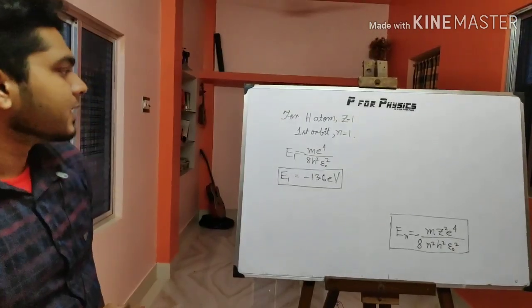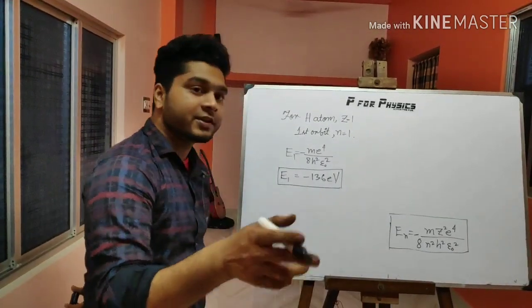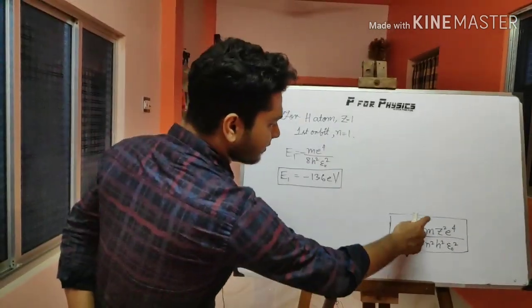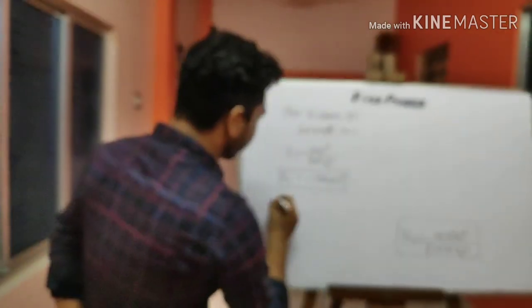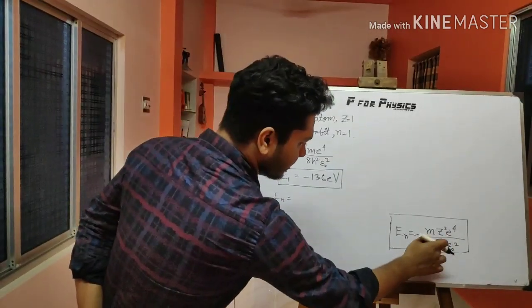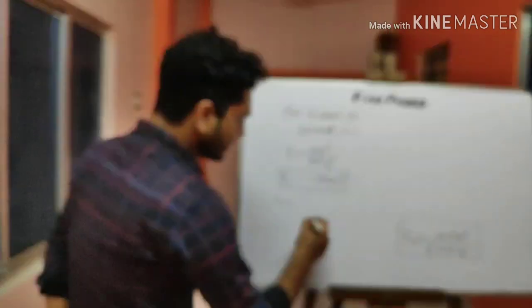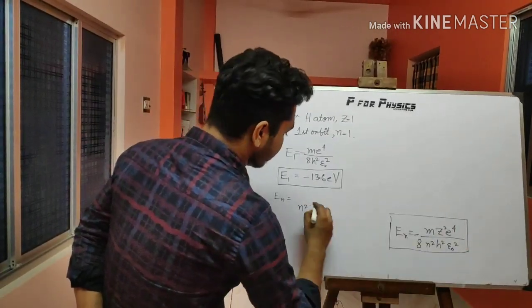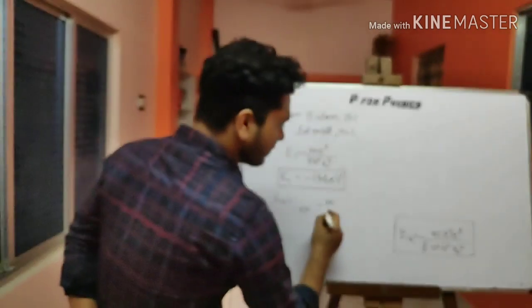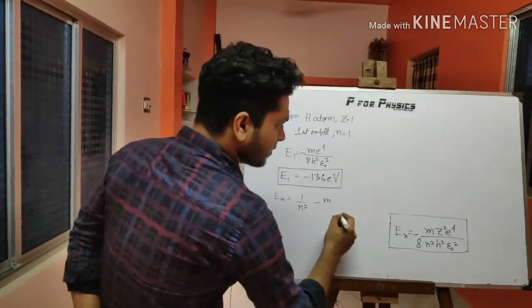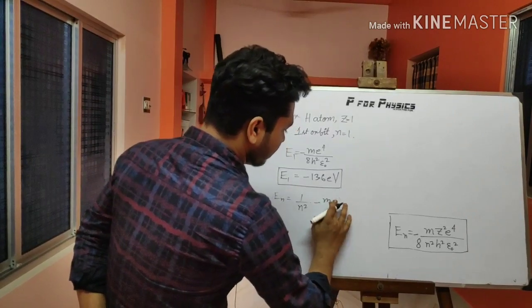Now again, let's find the expression for the energy of the nth orbit. As you can see, there is an n down, so let me write it like this. This n isolated will have n square into the rest of it, negative. There is no z here, sorry.